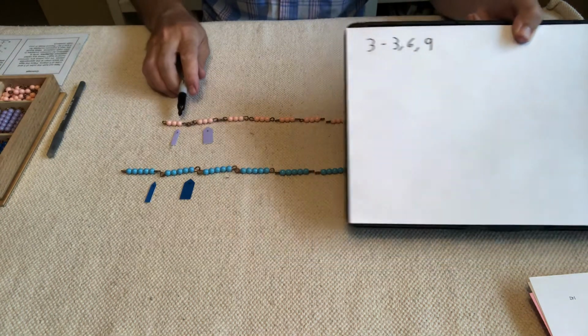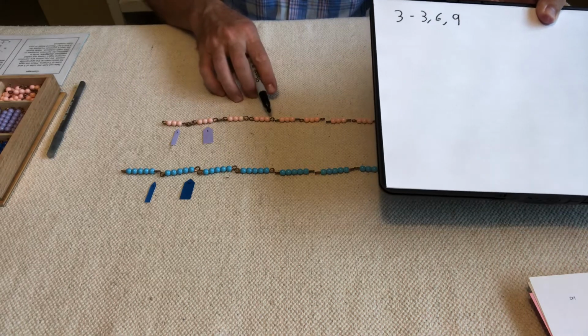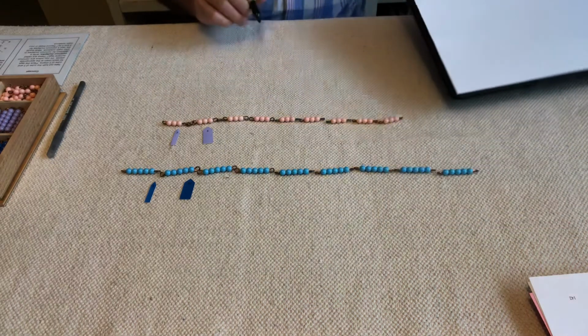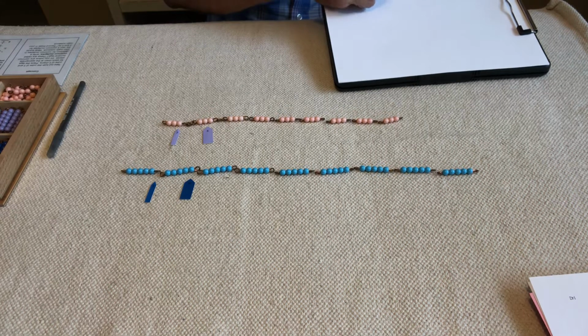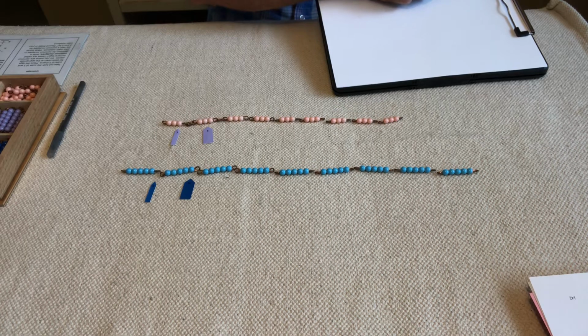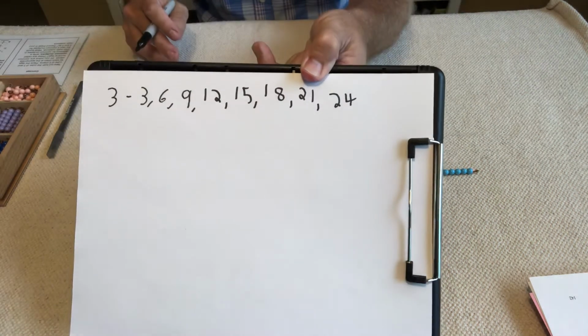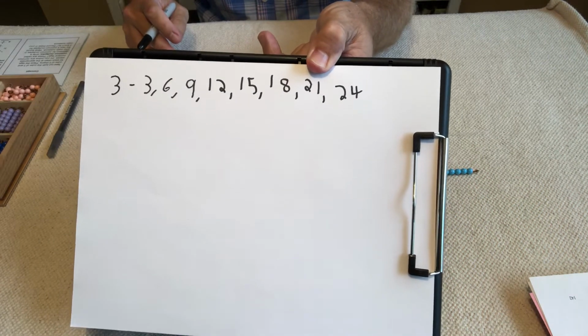You just keep going. What comes next when you're counting by 3s? 12. What's next? 15. What's after that? 18. Next is 21, 24. So you'll end up with a list something like that, the multiples of 3.